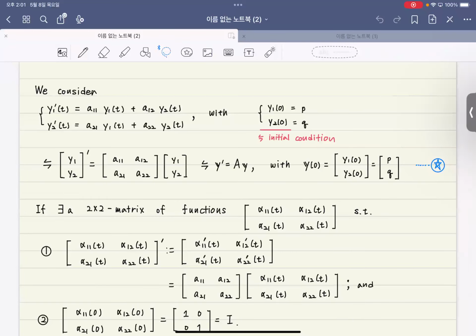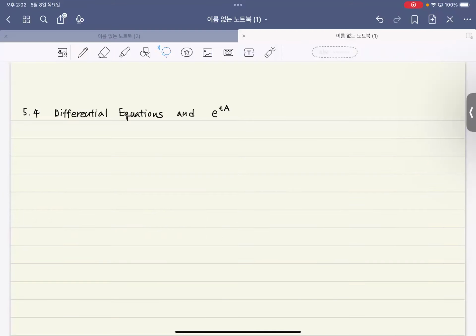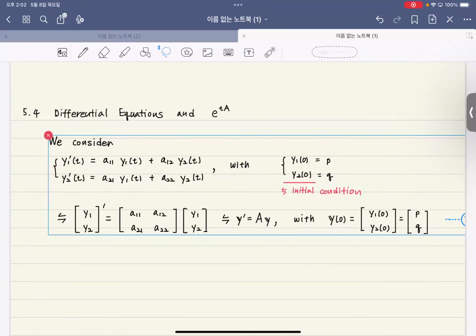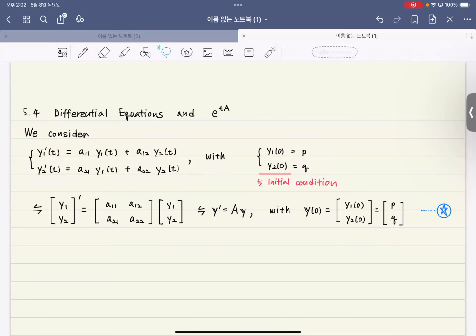So first, we will consider a system of differential equations. This is an example that we covered at the beginning of this chapter. I have two functions, y1 and y2.